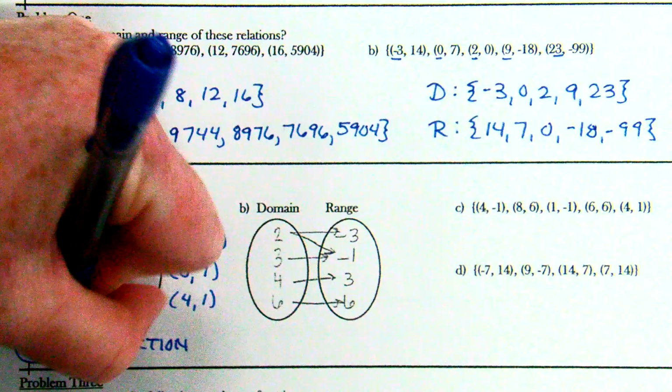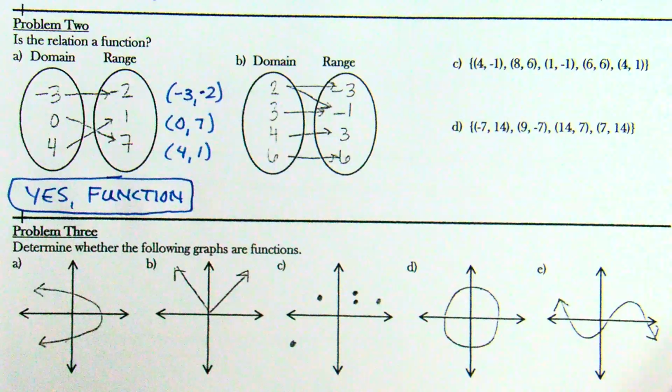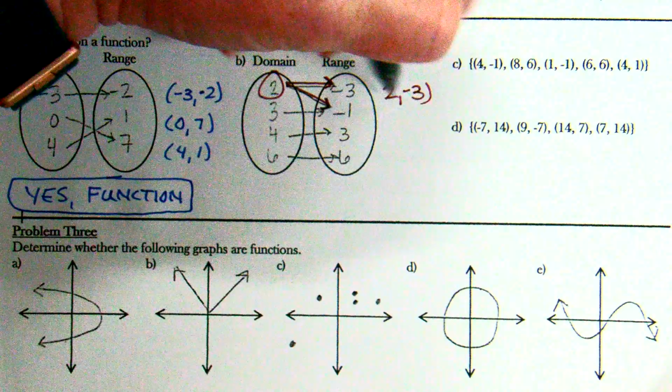Okay, what about B? We've got another mapping there. He says no. Why? Okay, one number went and ruined it, didn't it? Number 2 pairs with? Yeah, so we have ordered pairs of 2, -3, and 2, -1.